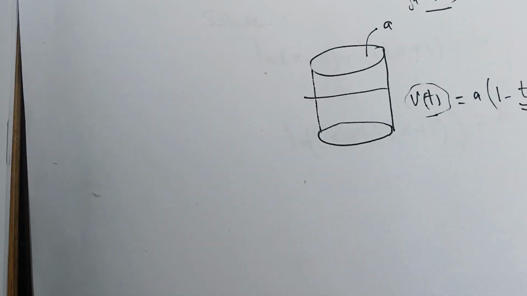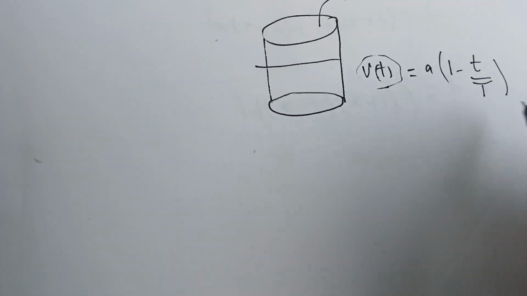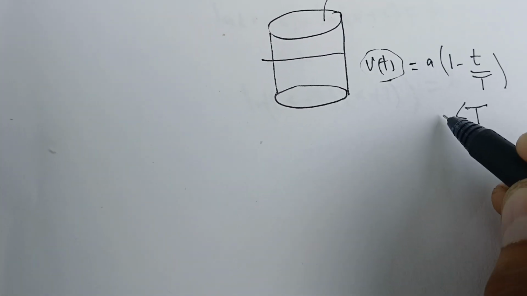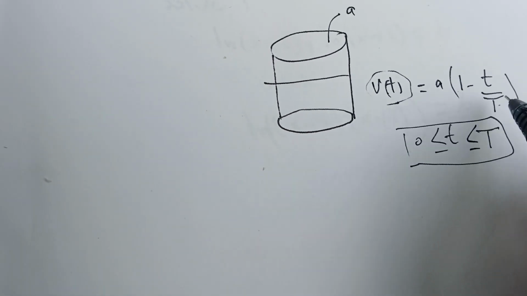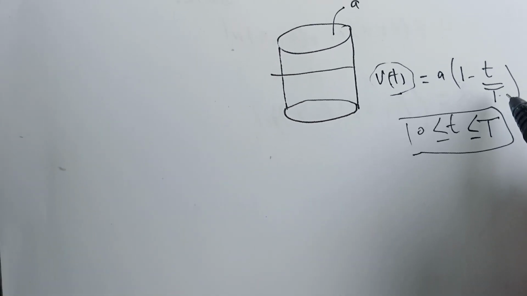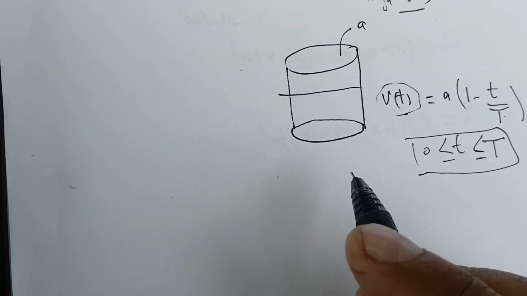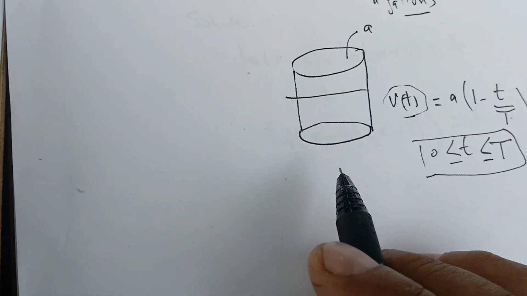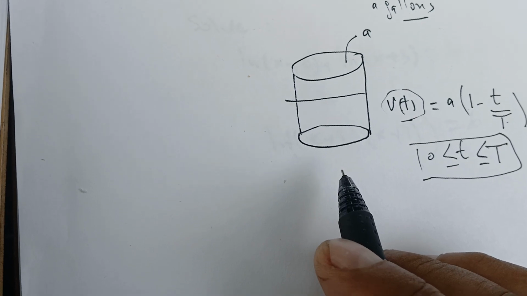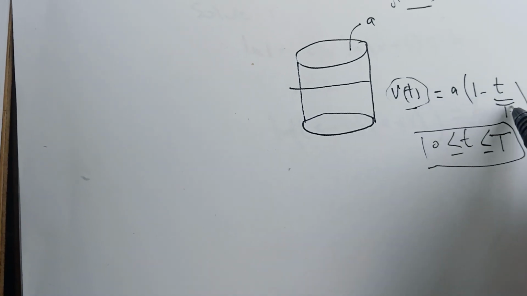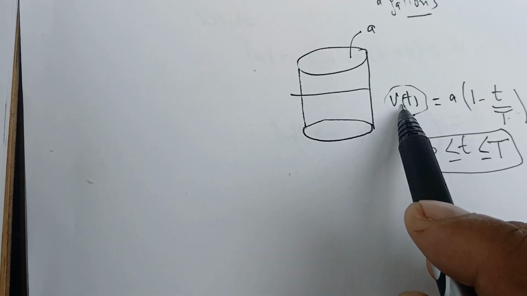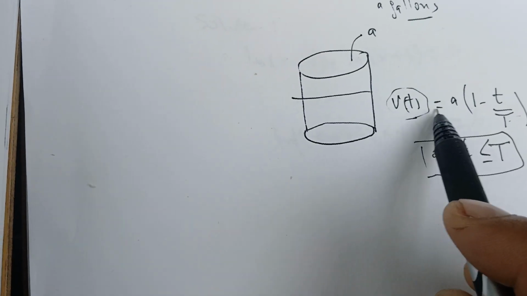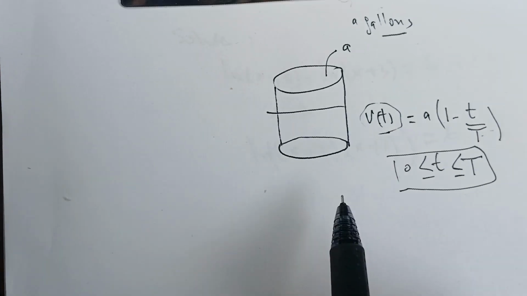Big T is the total time to drain the tank, and small t is between 0 and big T. So let's say big T is 60 minutes, or 24 minutes. Big T is fixed, and the small t can change. So this is the time changing, and this is fixed. The amount of water V(t) depends on time.